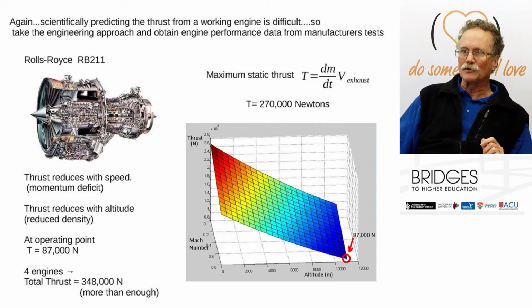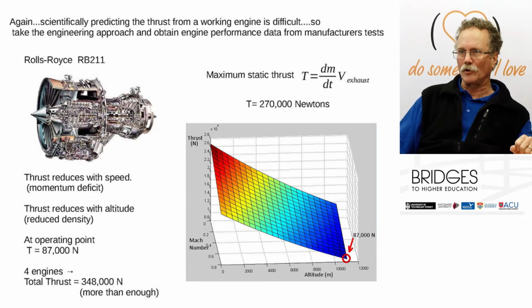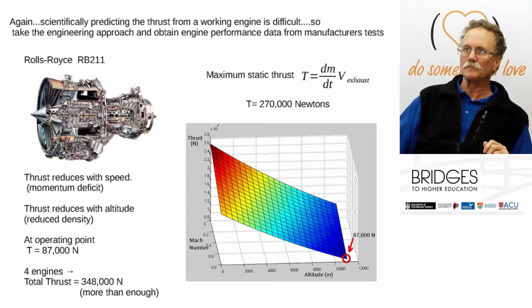Each engine only produces around about 87,000 newtons of thrust. But 4 engines, we have about 348,000 newtons total, which is more than enough to cover our 275, which means that the actual pilot can throttle back a bit and not use full thrust for cruise conditions at altitude.